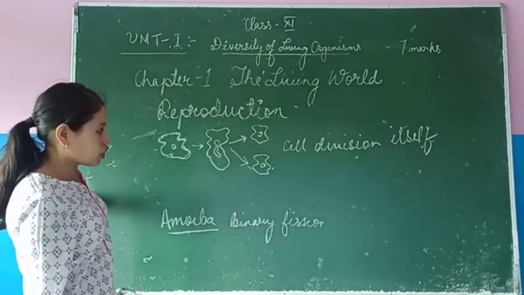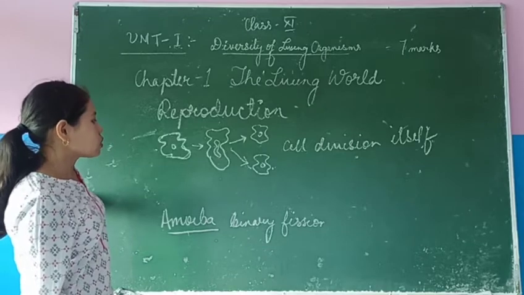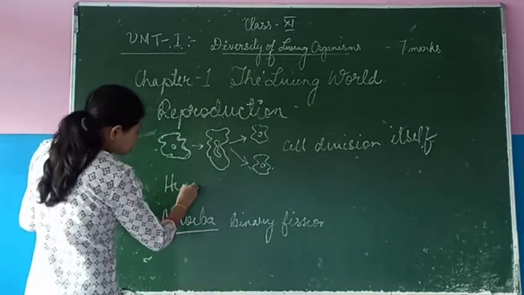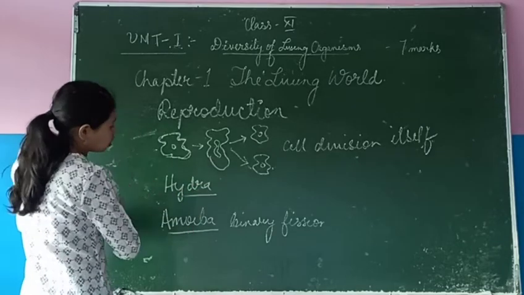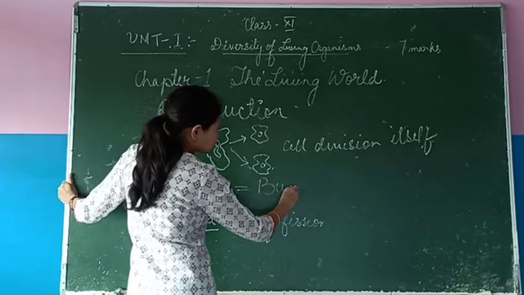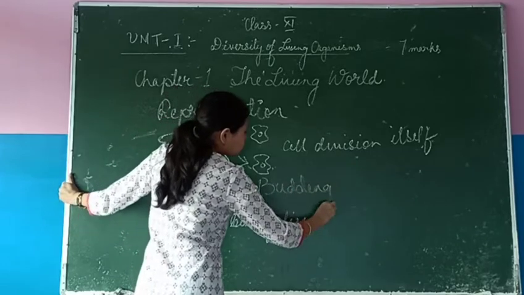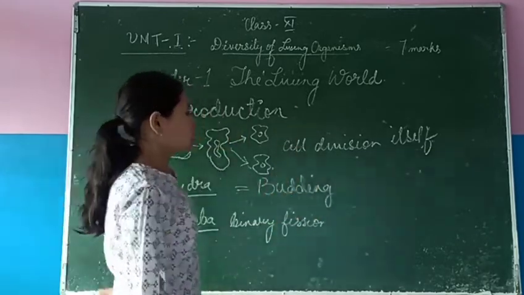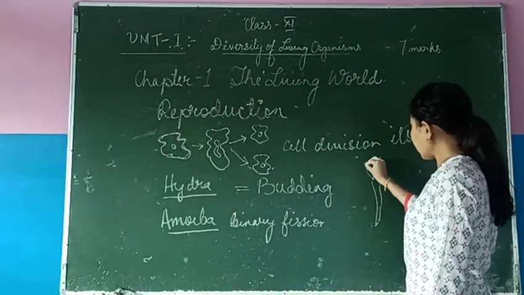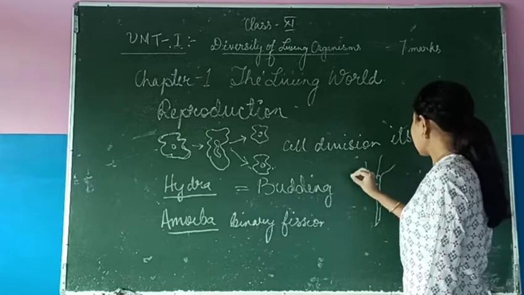So we don't need to go further. But there is a special mention of reproduction in Hydra. In Hydra, asexual reproduction is by budding. This is a typical cell structure of Hydra. It has tentacles.